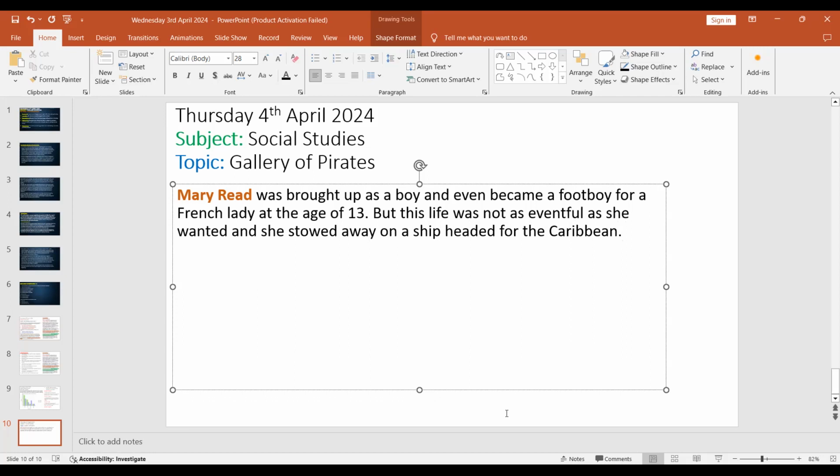She didn't want that, oh, I gotta clean this, I gotta do this. That was too boring for her. And so she went away on a ship headed to the Caribbean so she could have a more adventurous life. Now she sneaked on the ship, but she wanted to go, and so she went.